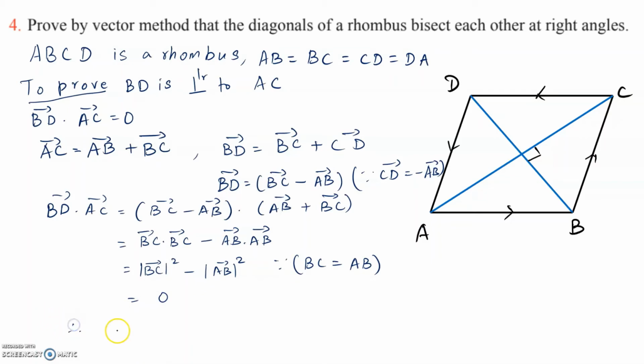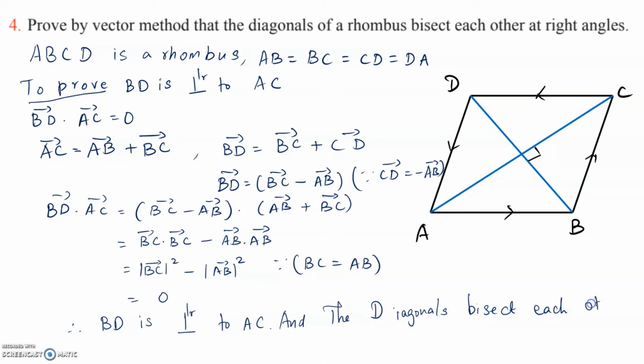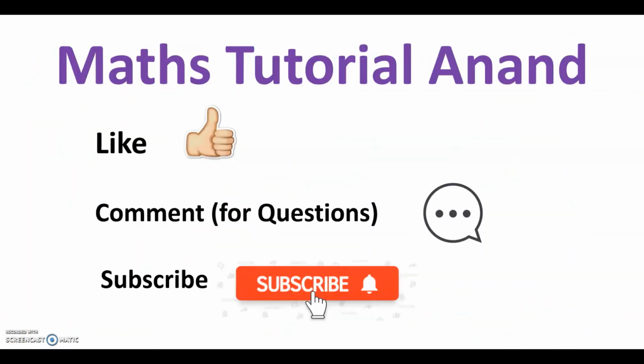So therefore BD is perpendicular to AC, and the diagonals bisect each other at right angles.